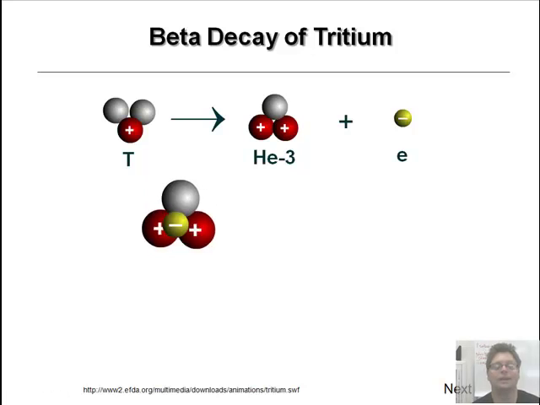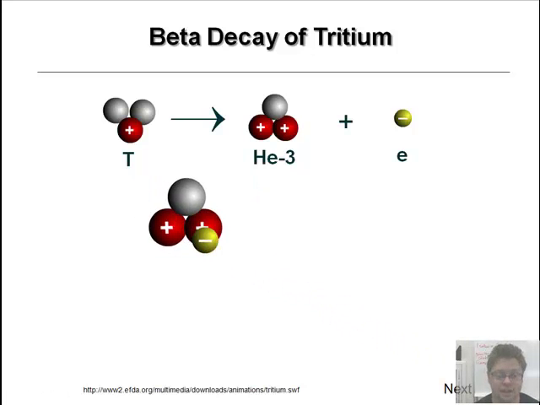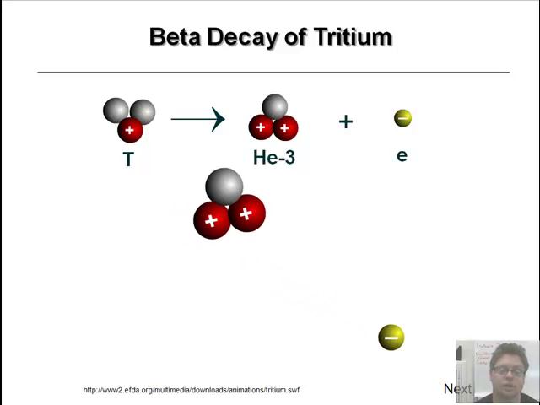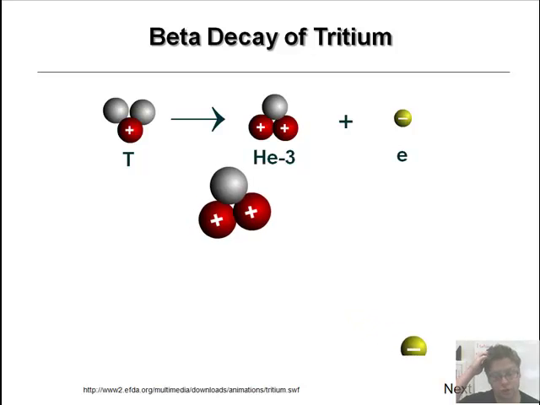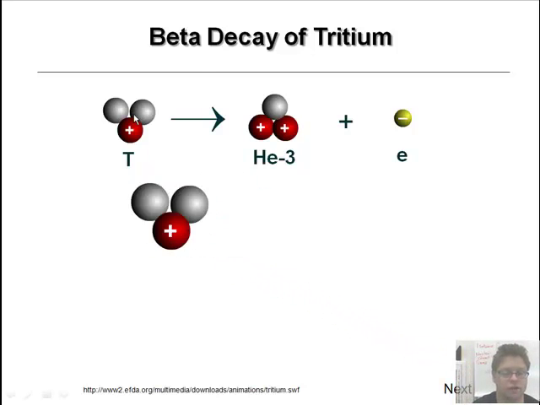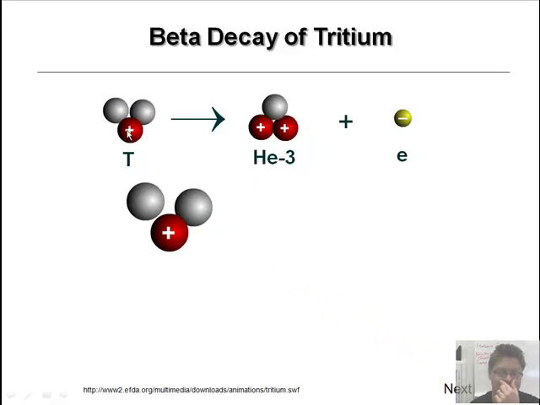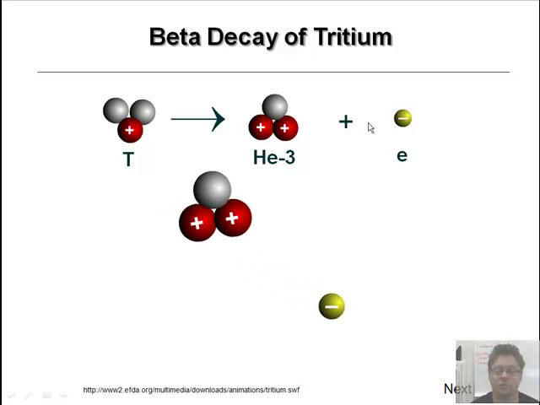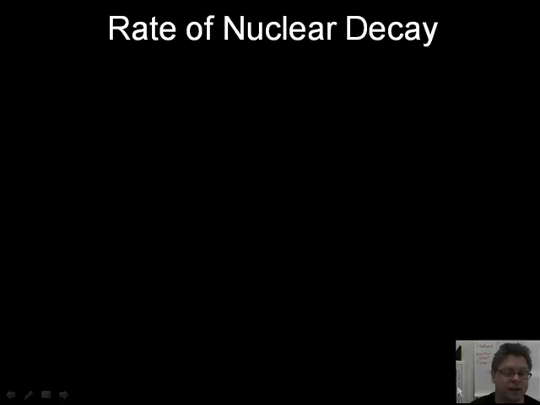Tritium goes through beta decay. It is not stable with a mass number of 3 and 2 extra neutrons. So what you can see here is one of the neutrons spontaneously breaks apart and changes from a neutron into a proton, and an electron is emitted. So this is a good example of beta decay.